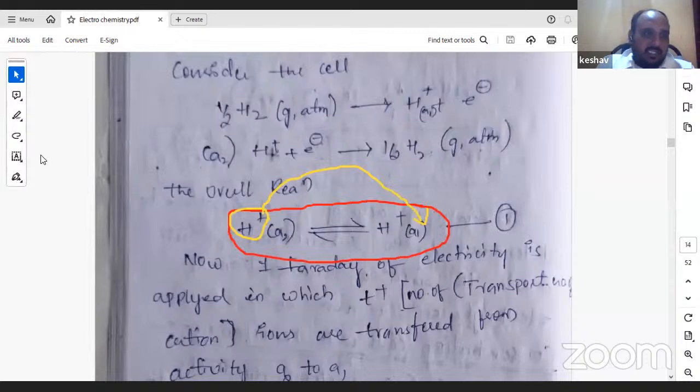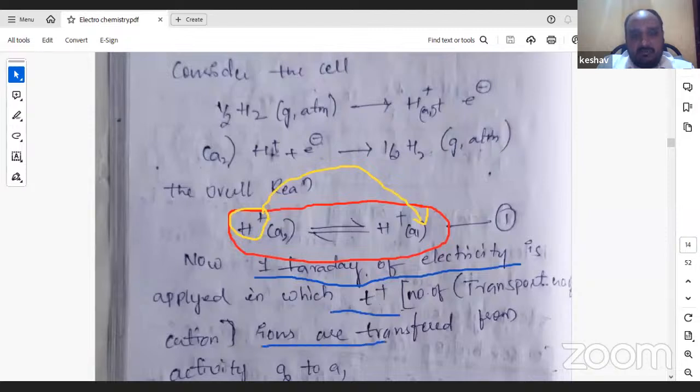So what was the condition we have to apply here? If 1 Faraday of electricity is applied, T+ (the transport number of cations) are transferred from activity A2 to activity A1.